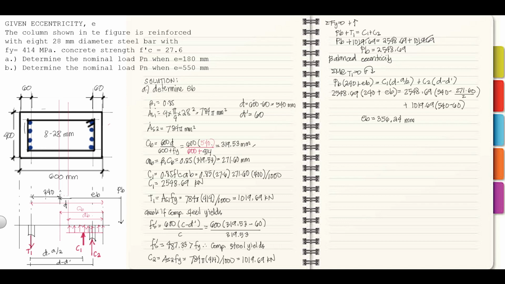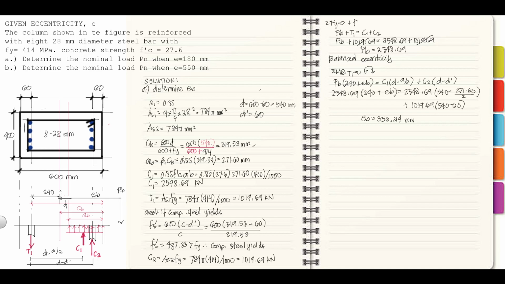Alright, so 240, okay, so for the PB, as discussed in the previous video, ang gagawin natin to solve EB, so we will have our moment at T1, no? So, moment natin sa T1, so we need the moment arms. So, for the PB, ang moment arm niya is 240 plus EB as shown in the equation here. PB times moment arm 240 plus EB.